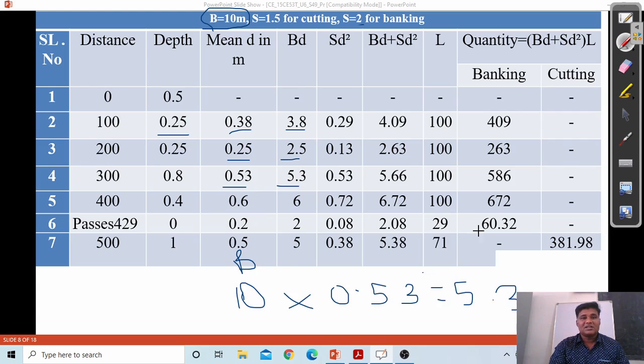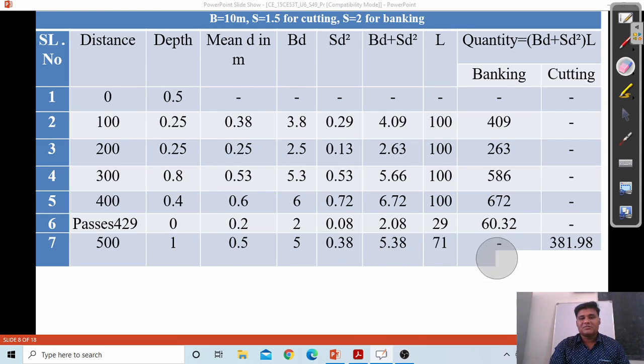This is B into D. So multiply this breadth into depth in all the columns.